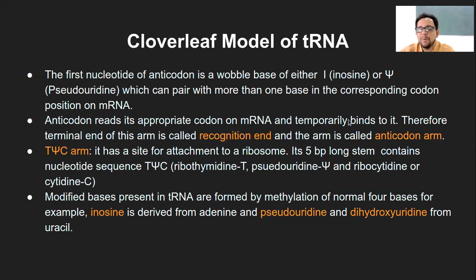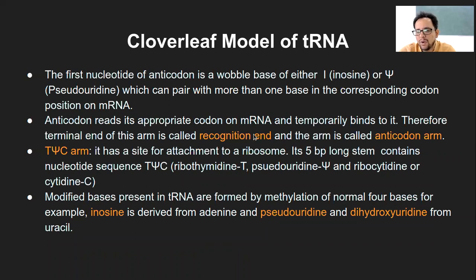Remember, this is a very temporary binding, because once the codon and anticodon match, it is not like complete bond formation. It is temporary bonding, can be hydrogen bonding. I'm not sure exactly, but I assume it would be hydrogen bonding, because these are base pairs. And therefore, the terminal end of this arm is called the recognition end.